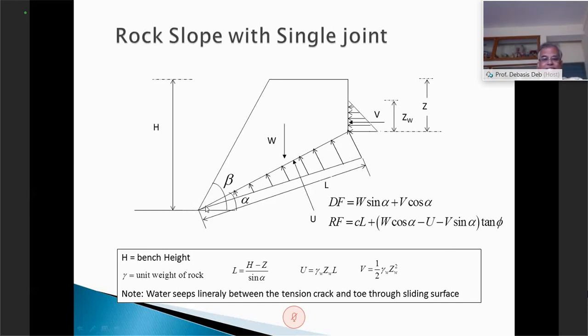Under this condition, we will write V is equal to half gamma W ZW square.